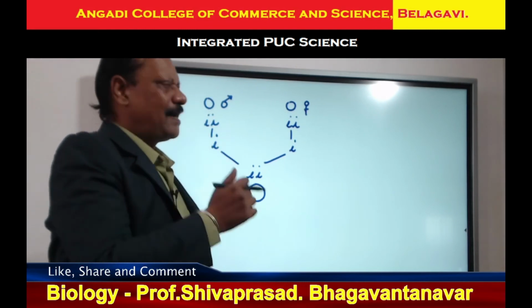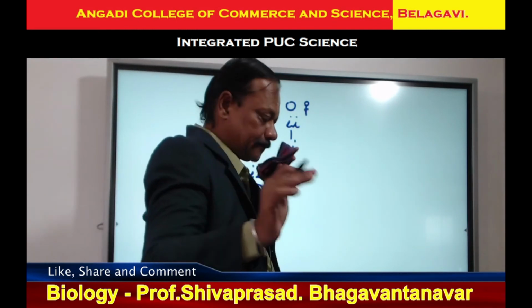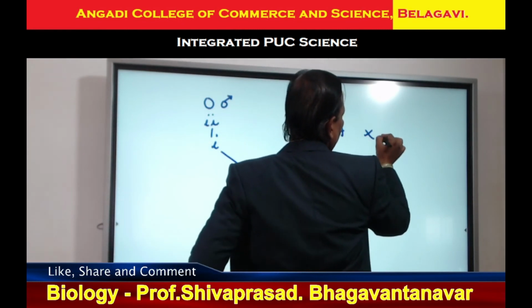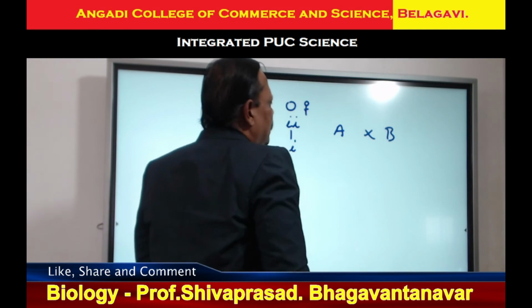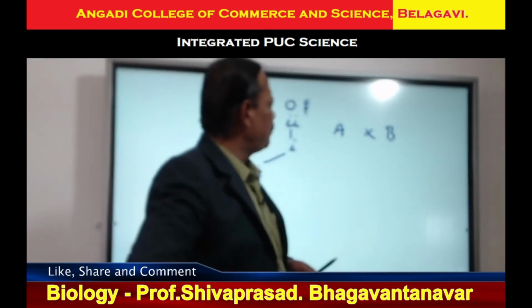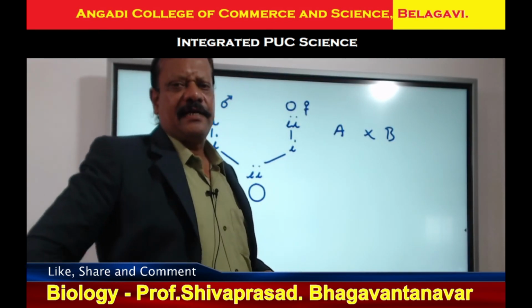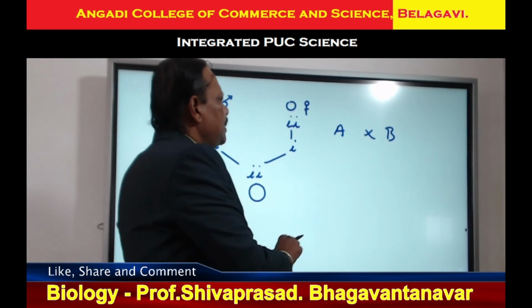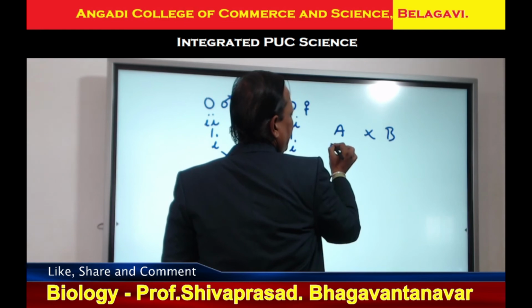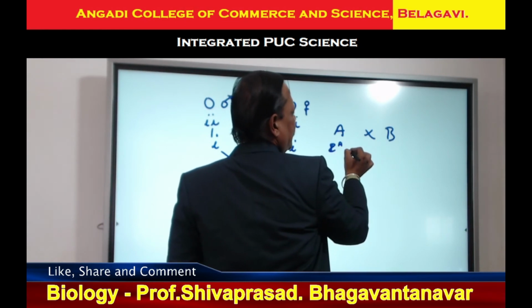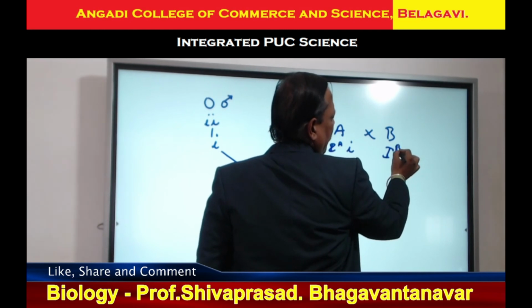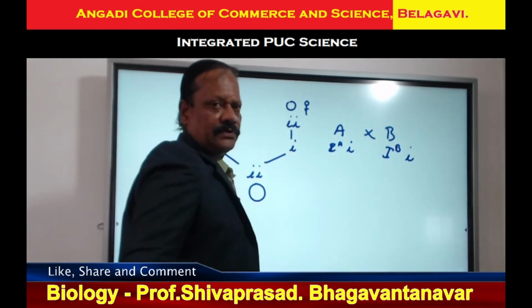Another example you can take, if suppose A is crossed with B. If A is crossed with B, then just see the possible genotypes. Here IA and i, here IB and i.